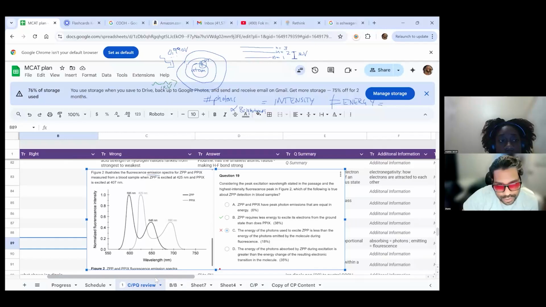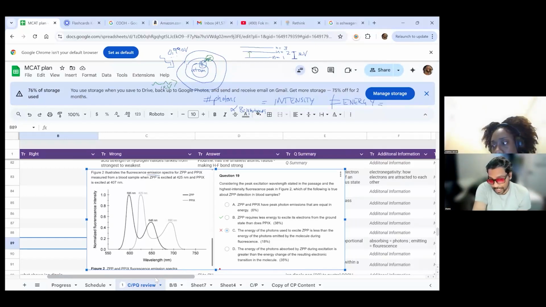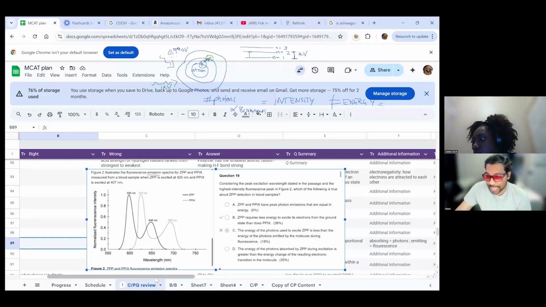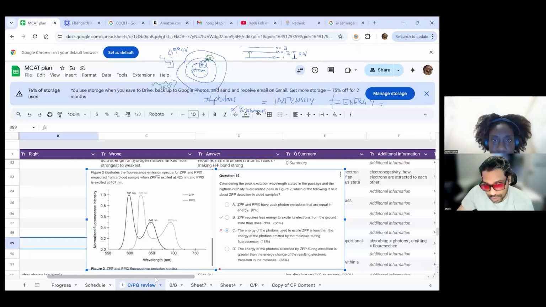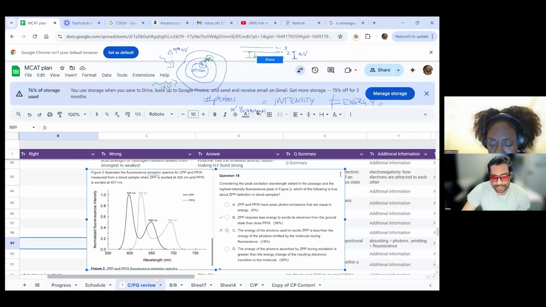So if it was here, it'll go up to the n is equal to 2 shell. And if it relaxes back down to n is equal to 1, it's going to lose that energy by emitting a photon with that same energy.